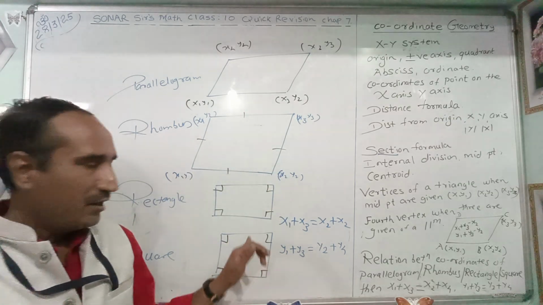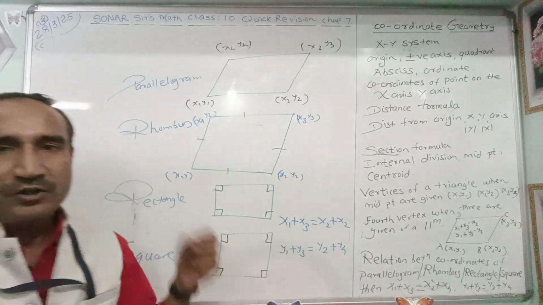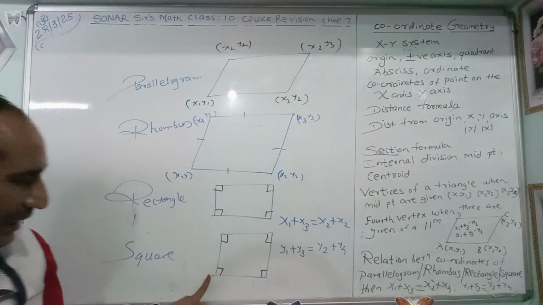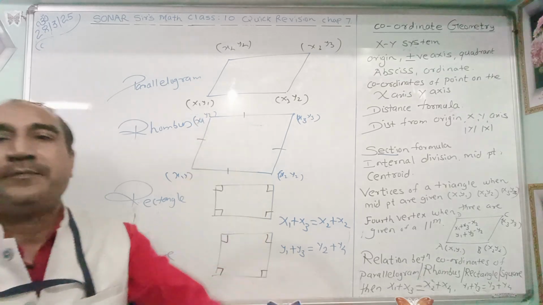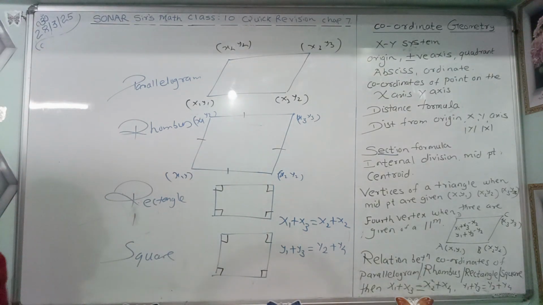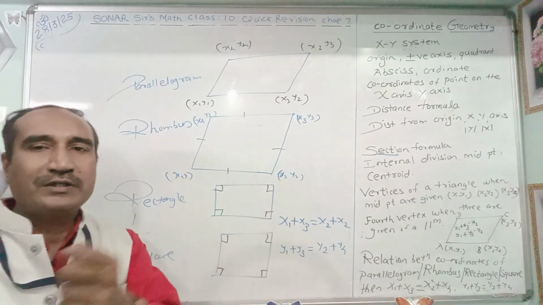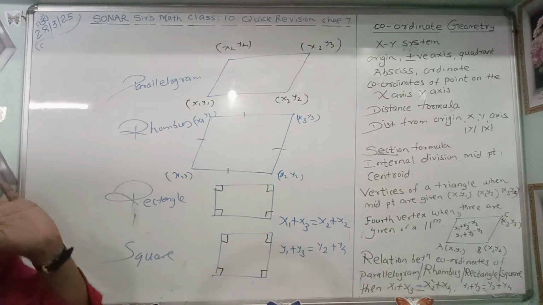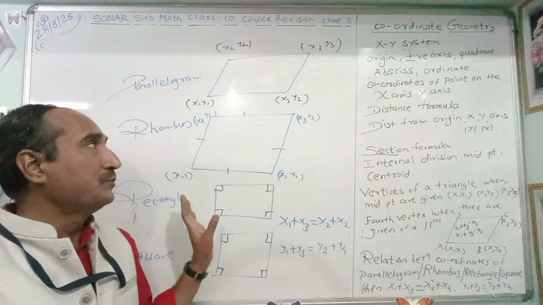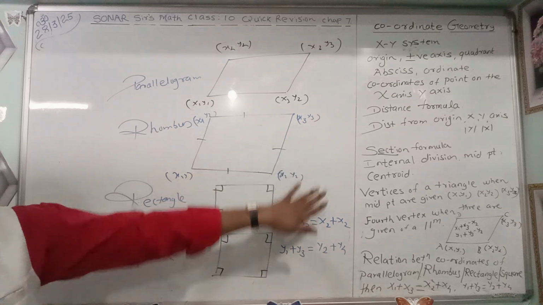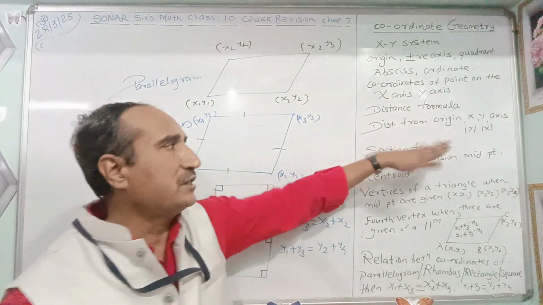For a square, again we have to show that the lengths of all sides are equal and the diagonal is the hypotenuse. By using the distance formula and Pythagoras theorem we can prove this. So these tricks use the geometrical properties together with the distance formula.